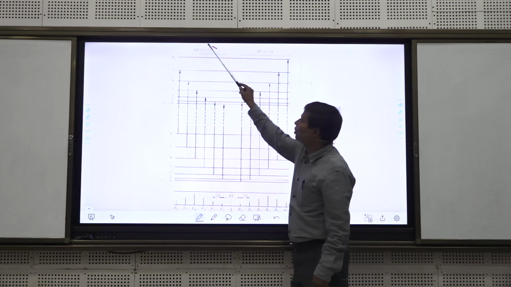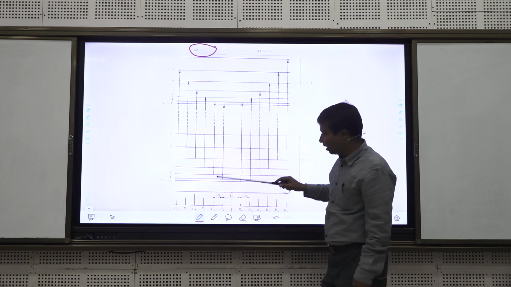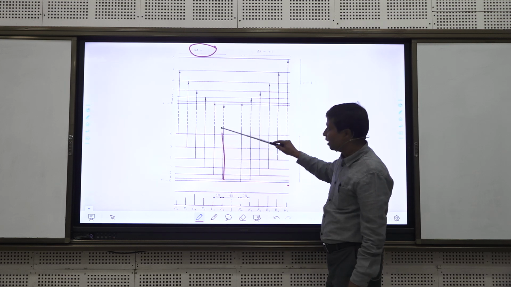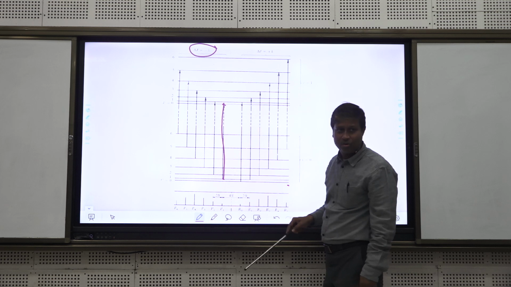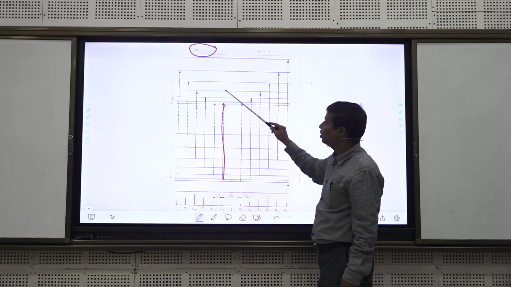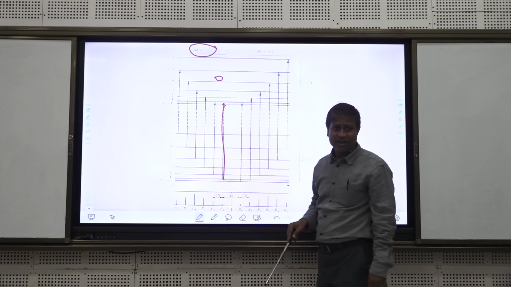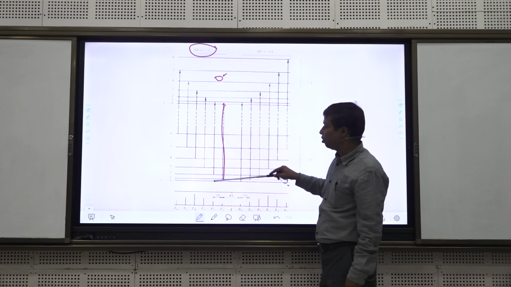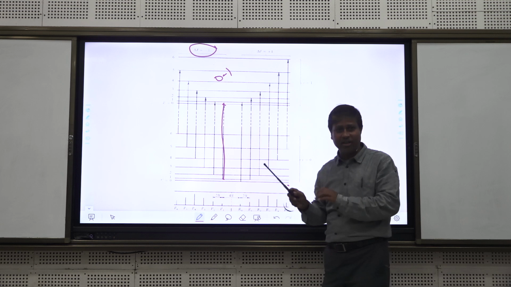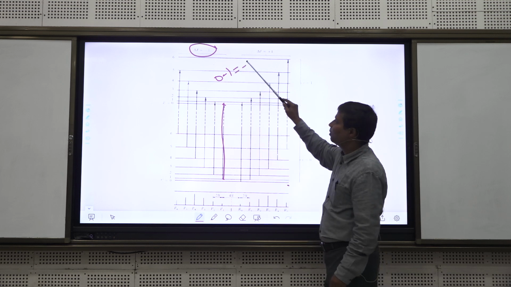Now we have to think of delta J minus 1. If we start from 1 and go to 0, then it is delta J minus 1, because 0 is the final state and 1 is the initial state. Always final minus initial is the delta. So this is minus 1.